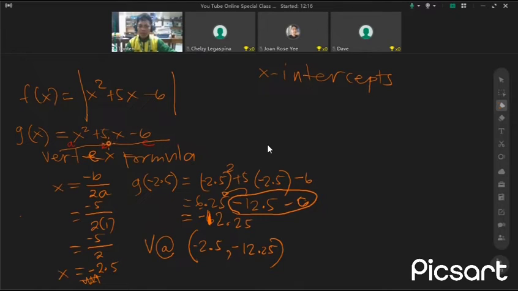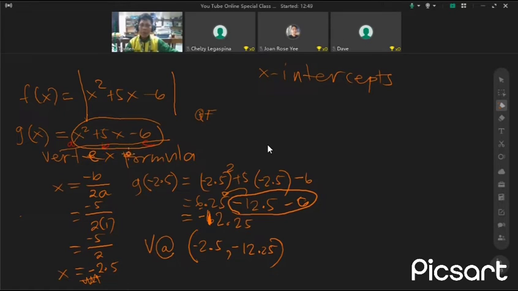Here, we factor the quadratic function, and if it is not factorable, then we use the quadratic formula.